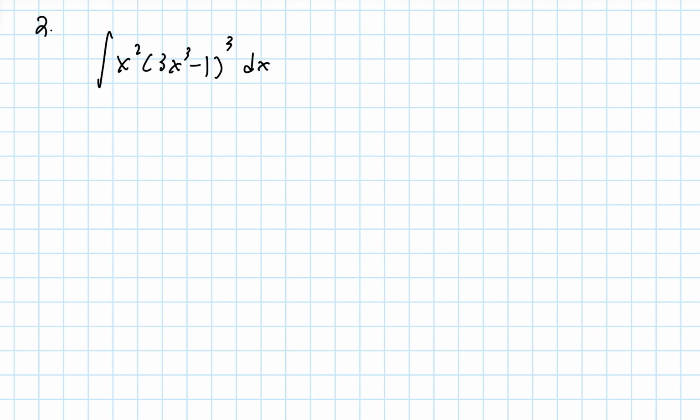We see that the inside of the function being carried to the power 3 has a degree higher than x squared. That means if we take u to be 3x to the third minus 1, then we can make du equal to 9x squared dx.